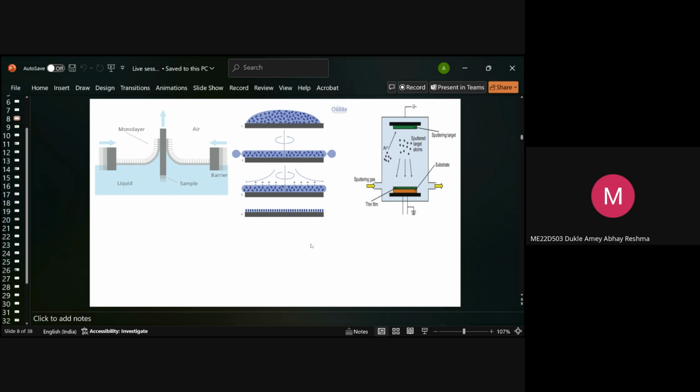In the self-assembled monolayer, basically you drop a polymer, and then you rotate the substrate, like spin coating, and in the end you get a single monolayer of polymer on the substrate.